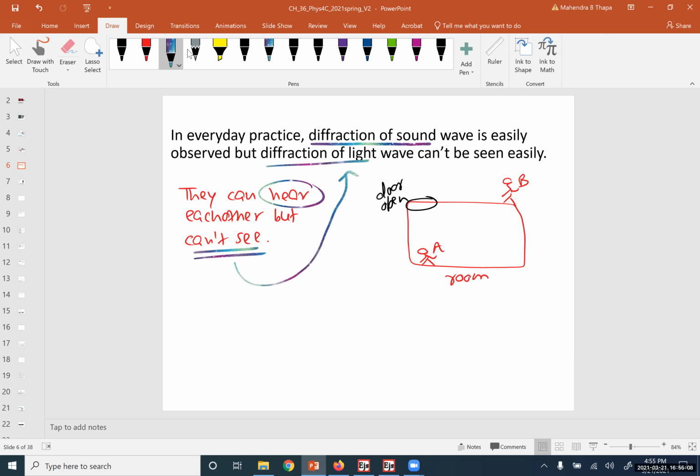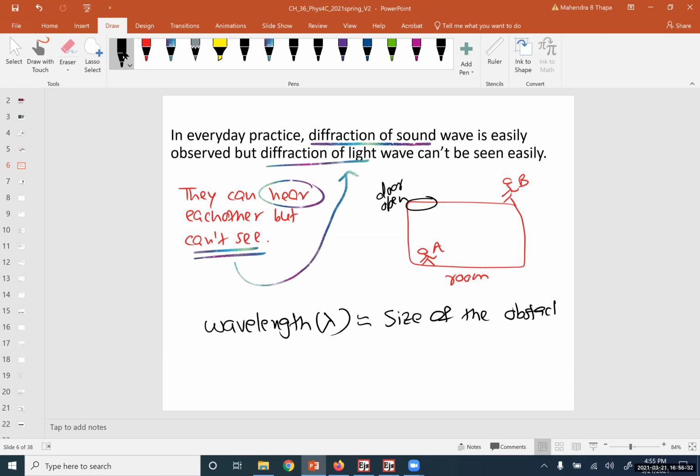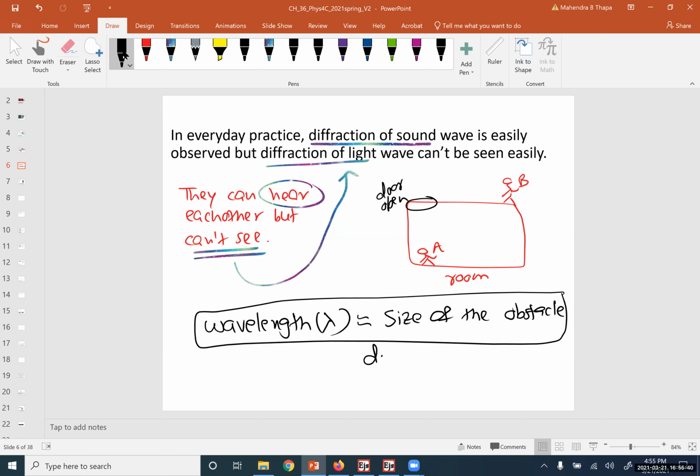So there is a rule kind of thing: if the wavelength, which we generally represent by the symbol lambda, is nearly equal to the size of the obstacle, or we can say the slit, if this is the condition, then diffraction could be observable.